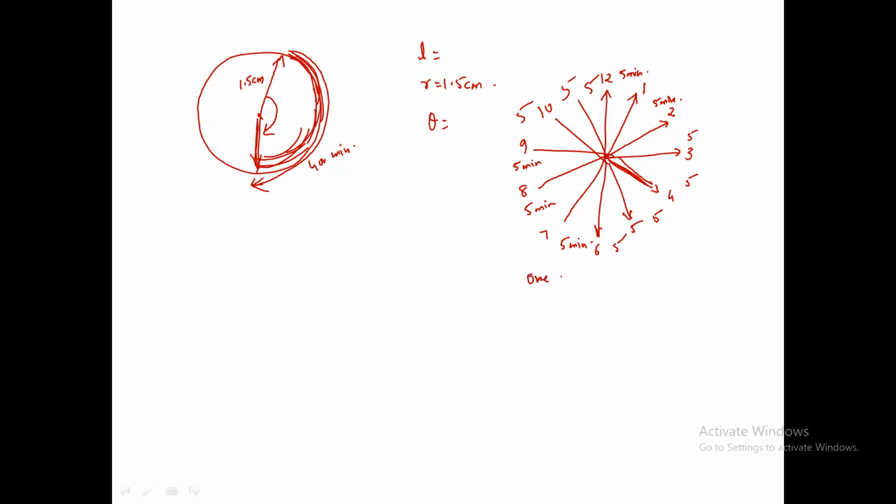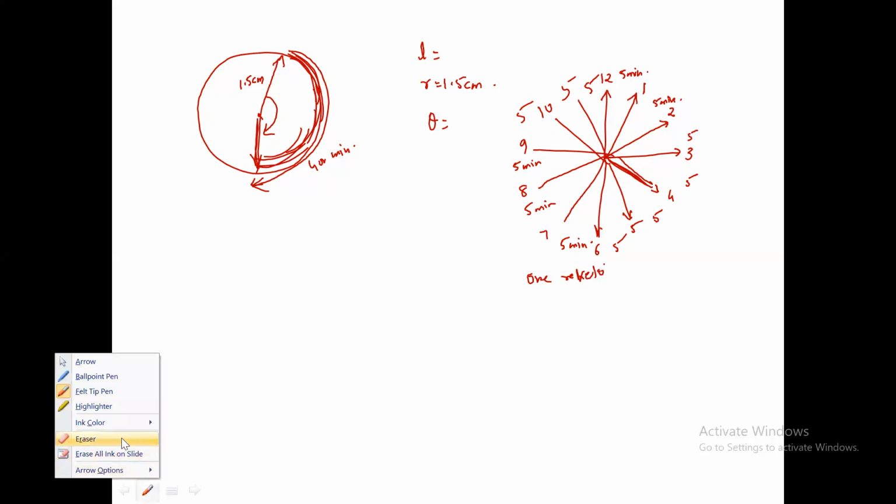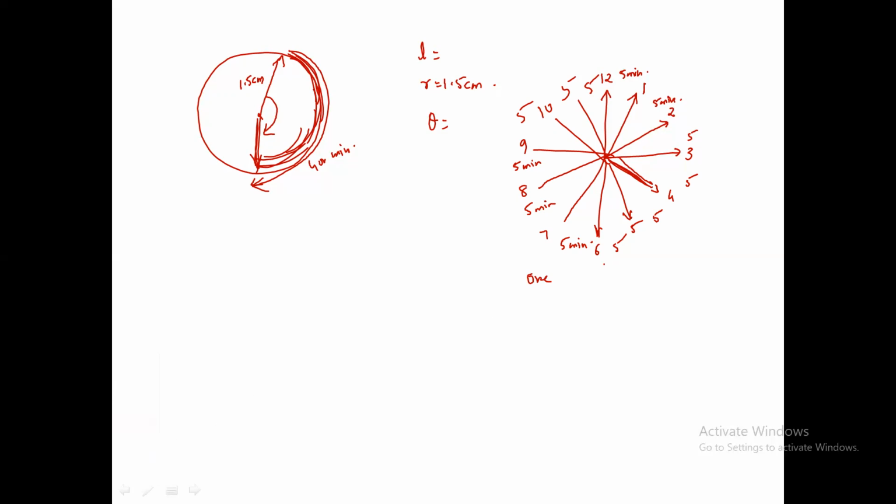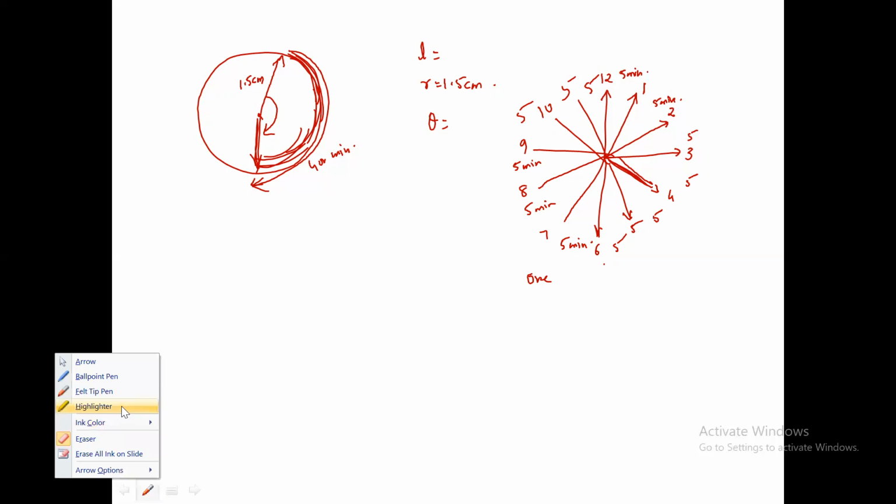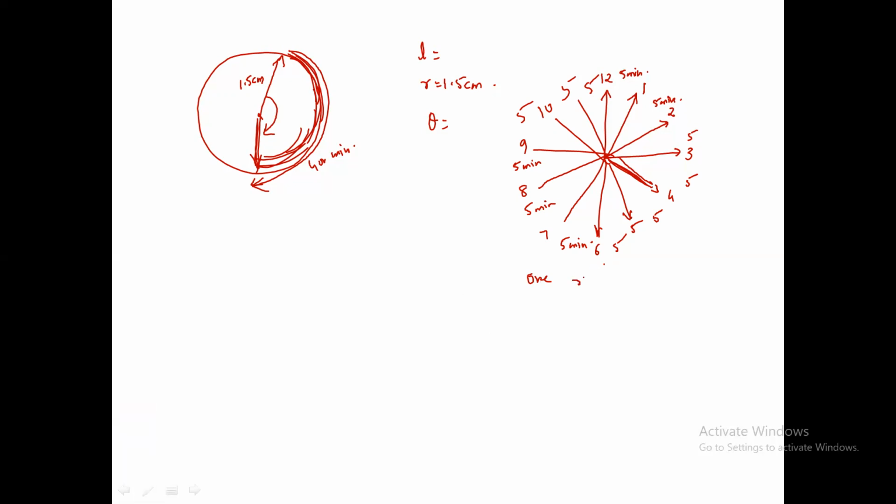So to make one revolution, how many minutes will it take? 1, 2, 3, 4, 5, 6, 7, 8, 9, 10, 11, 12. It will take 60 minutes.